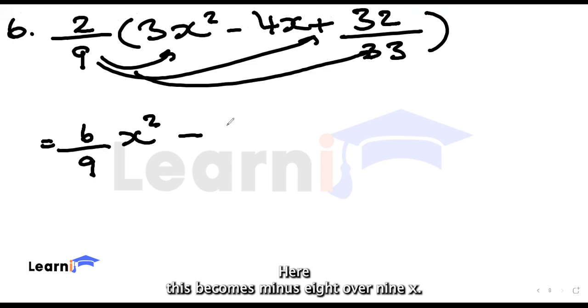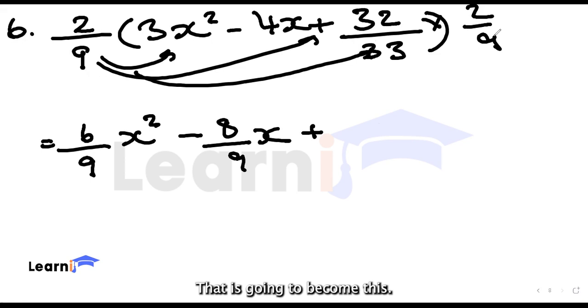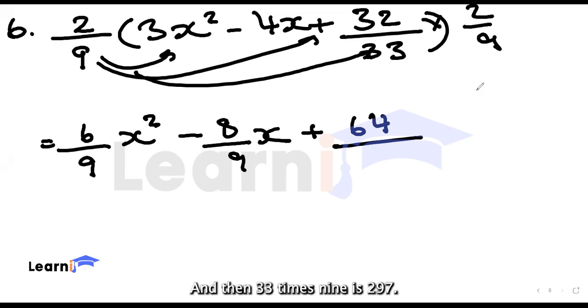Here, this becomes minus 8 over 9x. And this becomes 32 times 2 over 9. That is going to become, just hold on a second here. So this is going to become 64, and 32 times 2 is 64, and then 33 times 9 is 297.